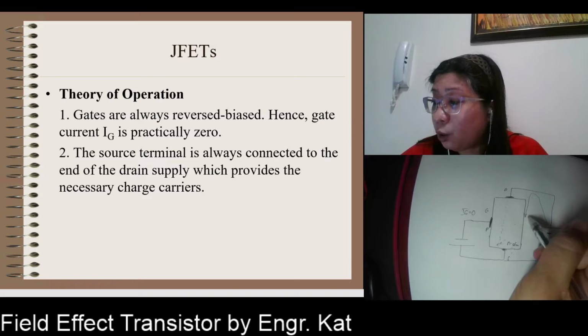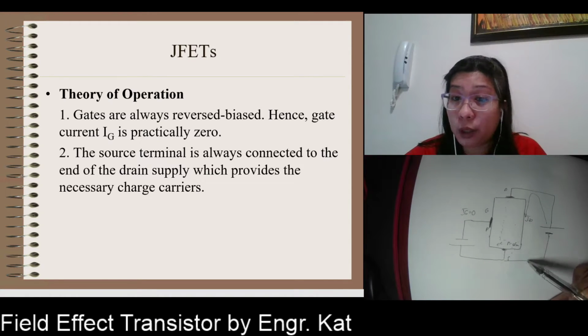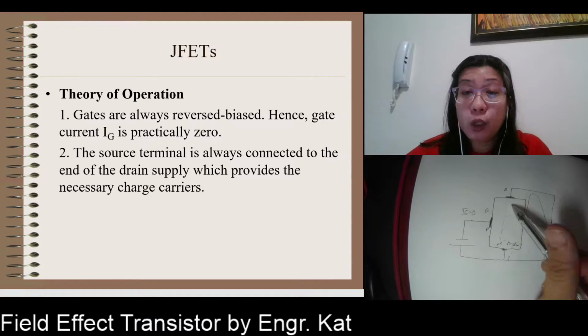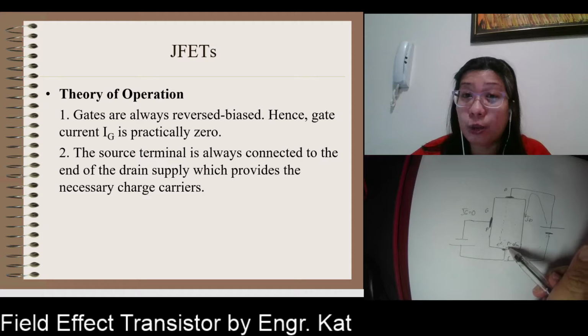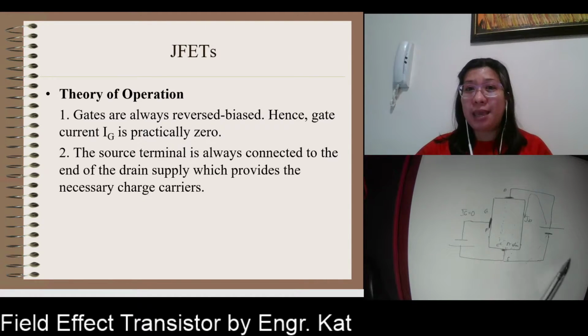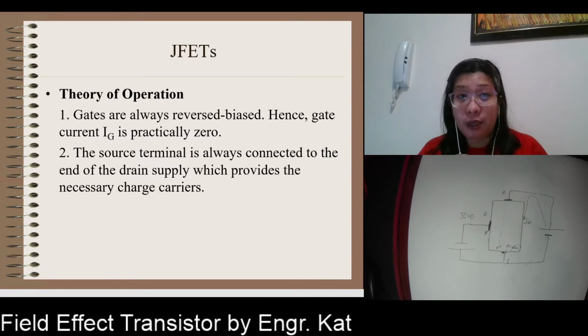So, which is your ID. So, the drain current is from the drain going to the source, while the electron flow is from the source going to the drain. So, we need to place your negative terminal here so that we can supply many electrons at your source terminal. So, this is how you place the biasing to satisfy these two theories of operations. Okay?